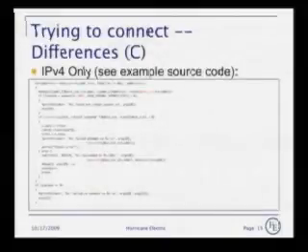The process of trying to connect is a little bit different. In IPv4, this is where it gets hard to read. We had to do a loop to try each of the possible addresses, but they were all IPv4 addresses, so we only needed to create one socket outside of the loop and then iterate over trying each connection on that socket with repeated calls to connect until we got a successful connection.